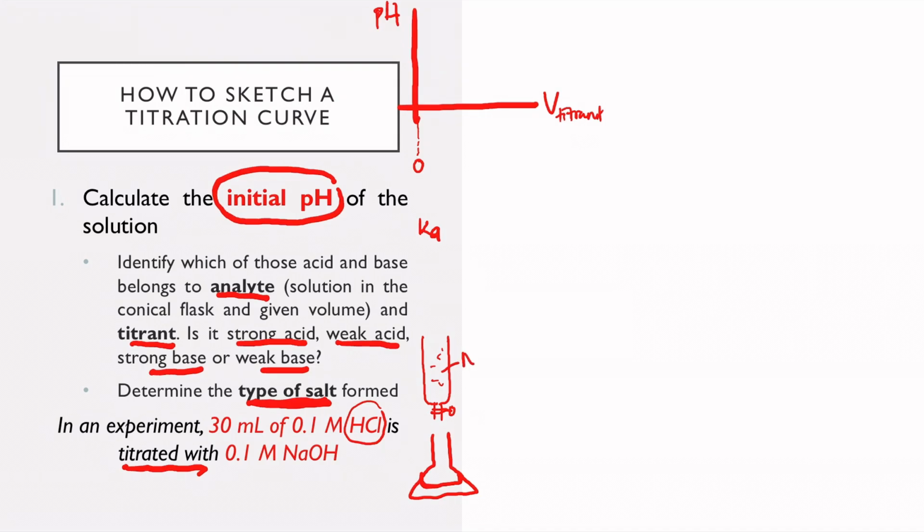Okay. So, ini NaOH awak. Lepas ini awak punya HCl. So, dah identify that sodium hydroxide is your titrant and HCl is your analyte. Okay. Identify whether it is a strong acid or strong base. So, what is the type of titration? So, dua-dua adalah strong species.